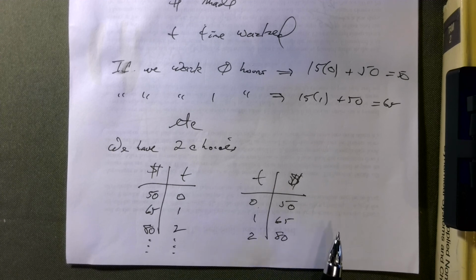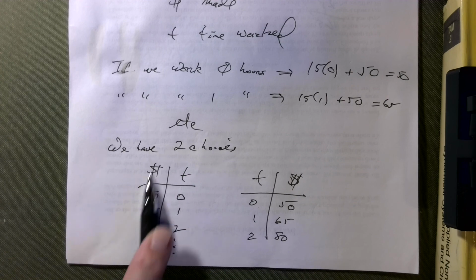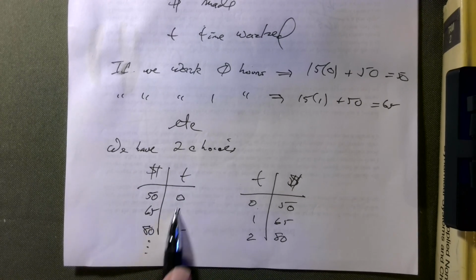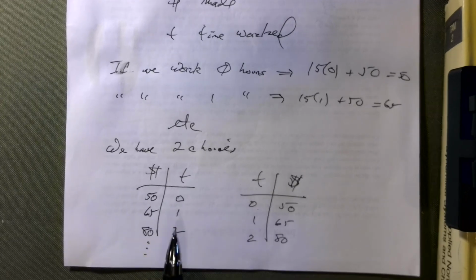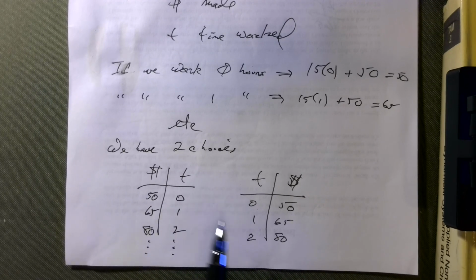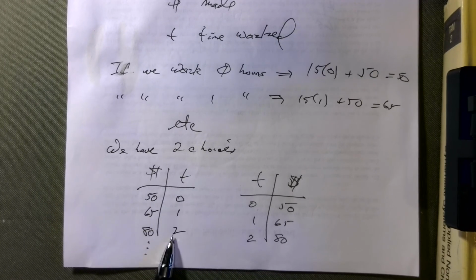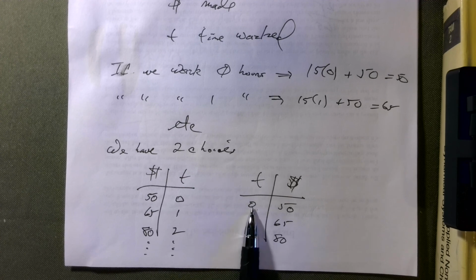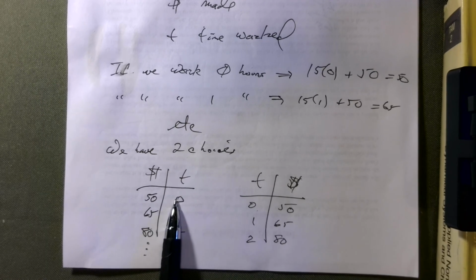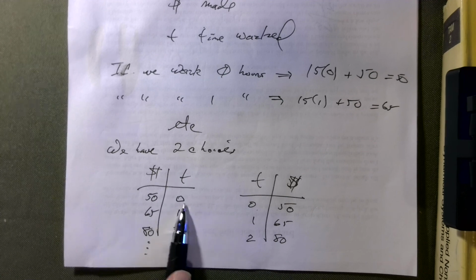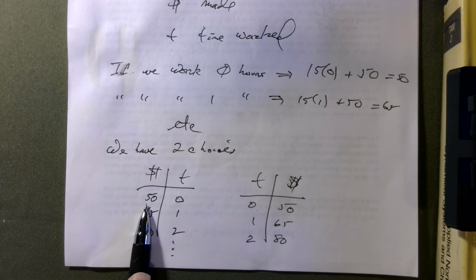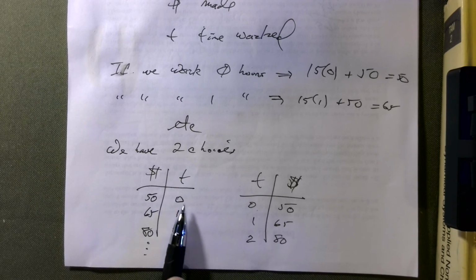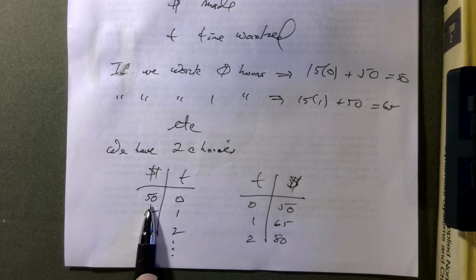Now, the standard assumption is that this column is the independent variable, and this column is dependent. When you think of it this way, you're saying this column of numbers depends on this column of numbers. Now, if you look at this representation, I'm saying the time depends on how much money I make.